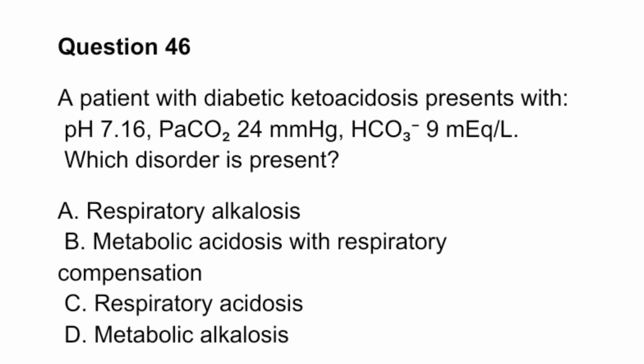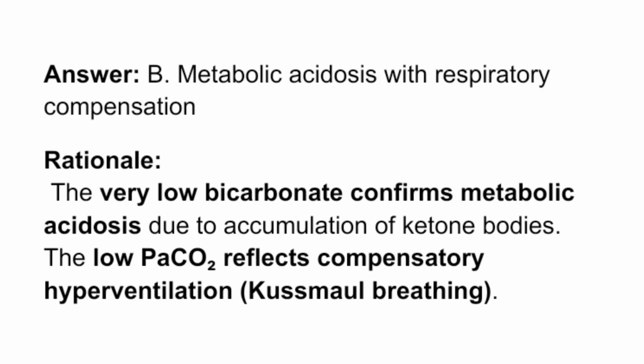C. Respiratory acidosis. D. Metabolic alkalosis. Answer: B. Metabolic acidosis with respiratory compensation. Rationale: the very low bicarbonate confirms metabolic acidosis due to accumulation of ketone bodies. The low PaCO2 reflects compensatory hyperventilation, Kussmaul breathing.